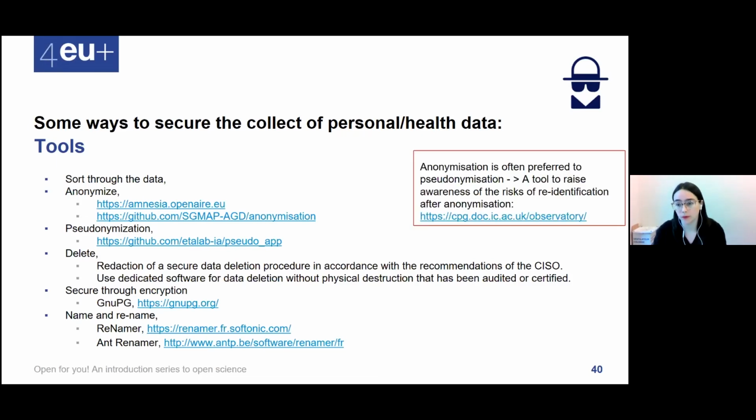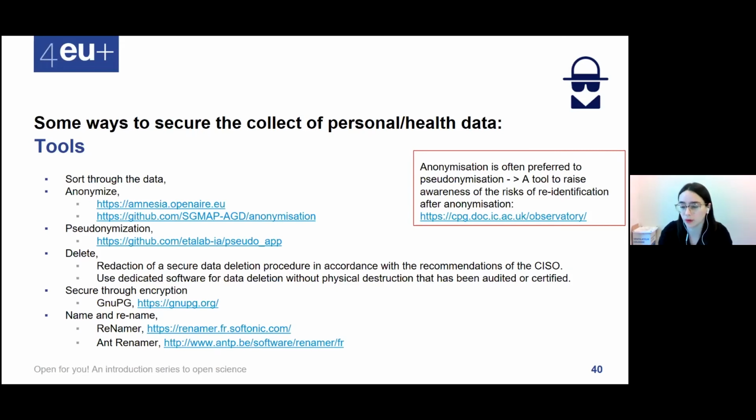Be careful, because anonymization is often preferred to pseudonymization, because pseudonymization is a processing of personal data in such a way that data relating to a natural person can no longer be attributed without the need of additional information. But pseudonymization is reversible, unlike anonymization.